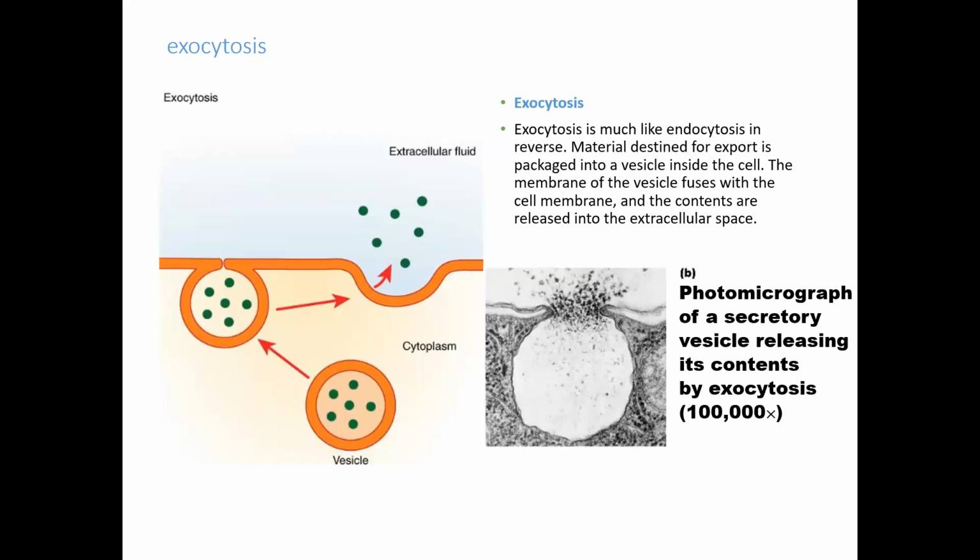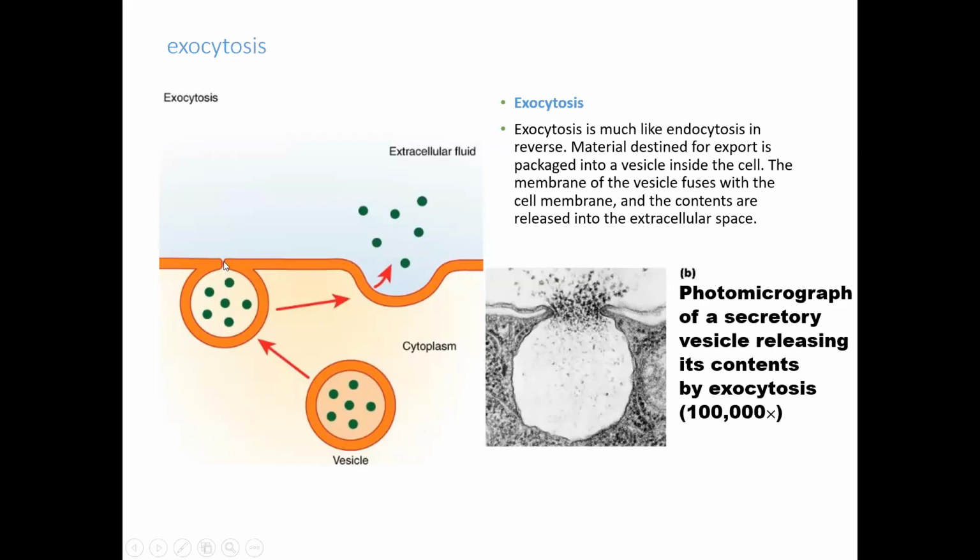With exocytosis, we've already created a vesicle on the inside of the cell. Perhaps we've made some proteins, and we're bringing those to the surface of the cell. Now, we don't want to punch a hole in the cell, so this vesicle comes up and fuses with the cell membrane and then opens up. But you'll see that even though it opens, it has not broken, it has maintained the structure of the membrane itself.